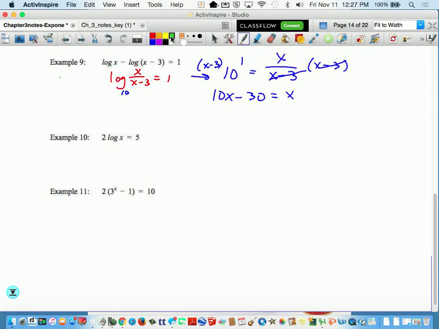Probably the easiest is to subtract 10x. Divide by negative 9. Wouldn't it be 10 to the power of 0 to equal 1? What? No, hang on. So divide both those by 3, you get 10 thirds.